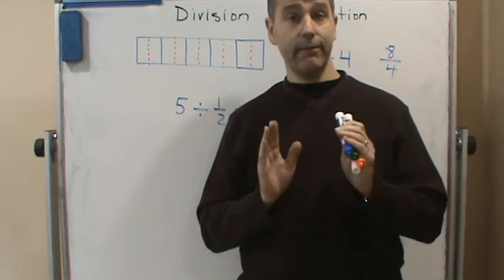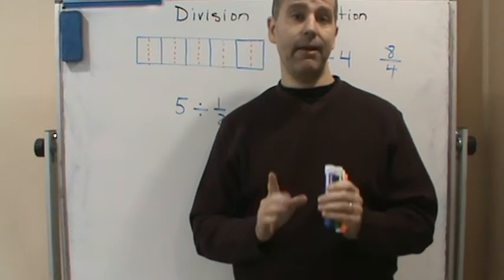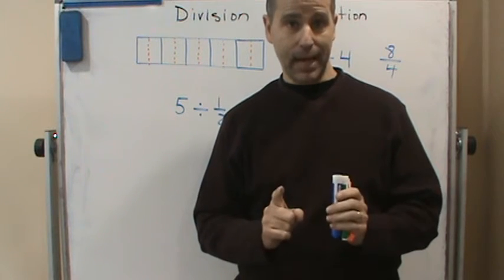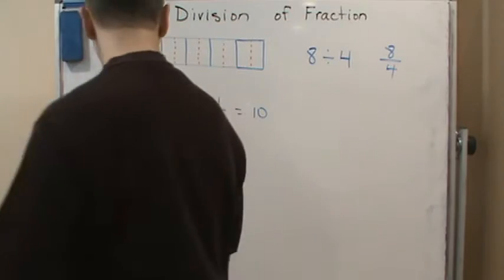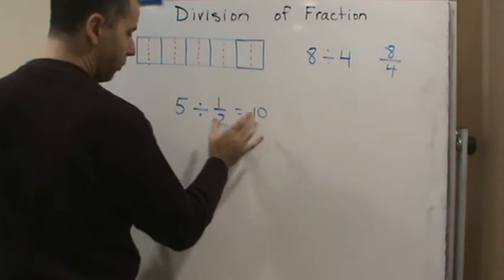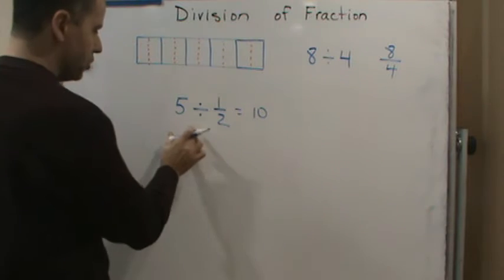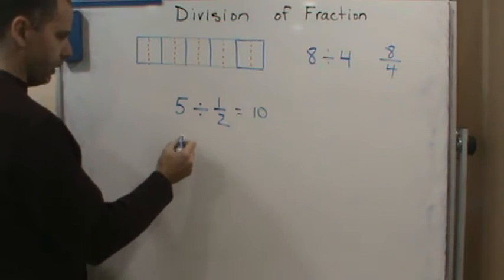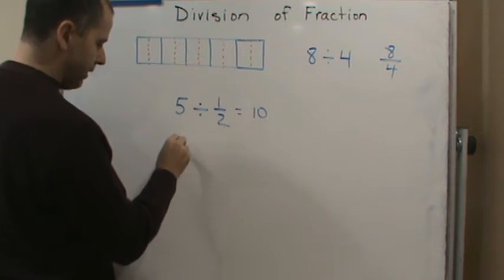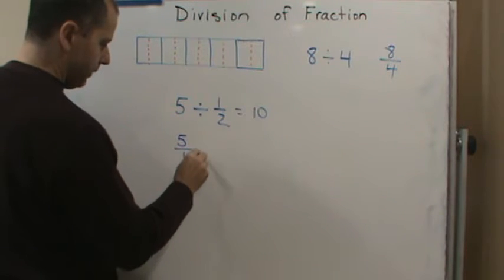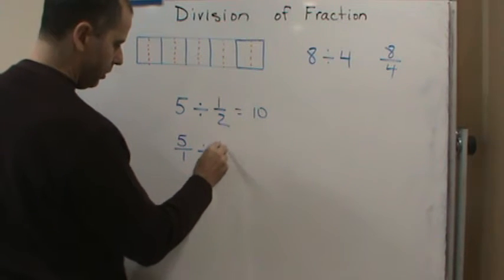There is a way to divide fractions, but they have to have a common denominator. So to prove that this equals 10, let's change this into a fraction. I'm going to write this as 5 over 1 divided by 1/2.